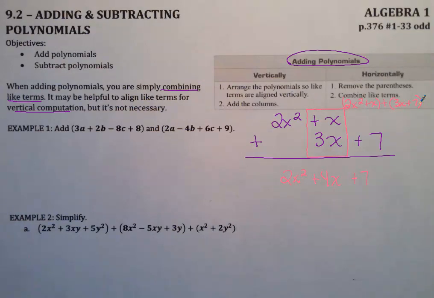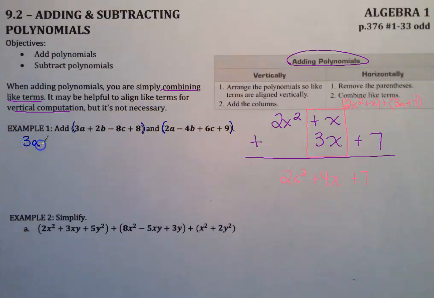All right, so on example 1, we're adding the polynomial 3a plus 2b minus 8c plus 8 and the polynomial 2a minus 4b plus 6c plus 9. All right, so to add them vertically, to try this strategy, we're going to line them up. This one works really well with that.